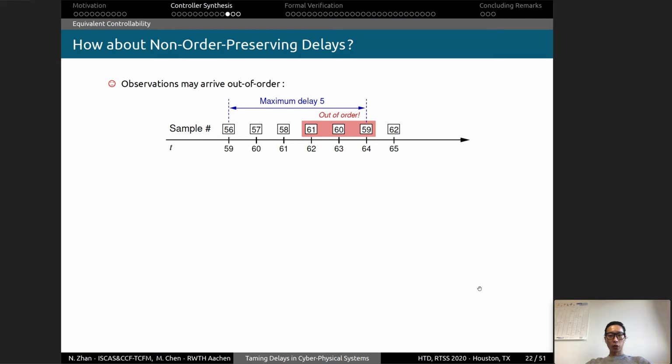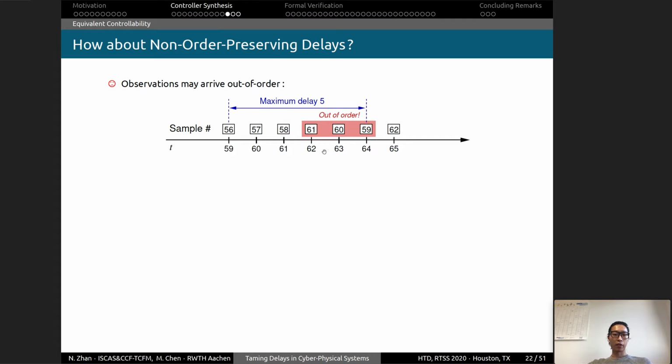Okay, now until now, what we have seen is a very restricted setting where the delay is fixed. And by such a fixed delay, if you imagine the shift register, all the information in the register will come in order, right? But this is often not a practical assumption, because in some scenarios, the information in the observation or in the actuation queue, in the register, doesn't actually come and go in order.